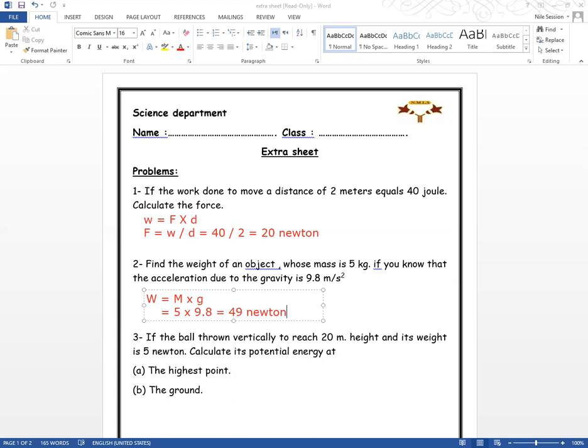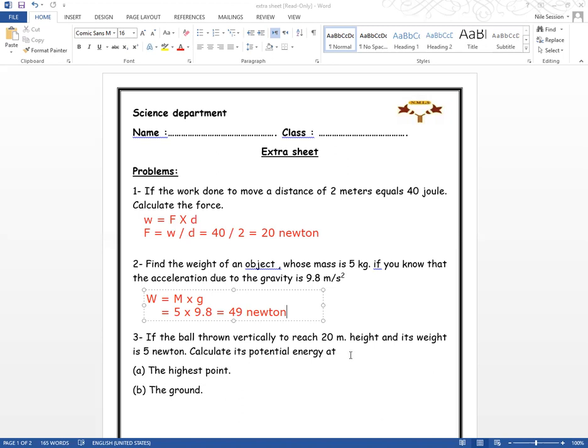Number 3, if a pole is thrown vertically to reach 20 meter height, and its weight is 5 Newton.